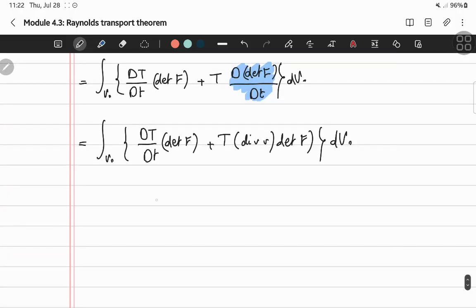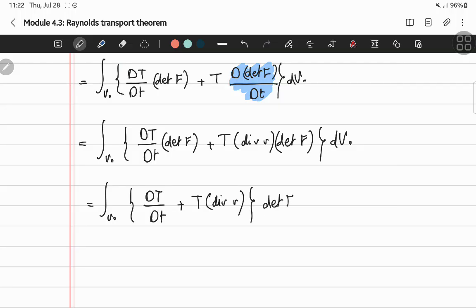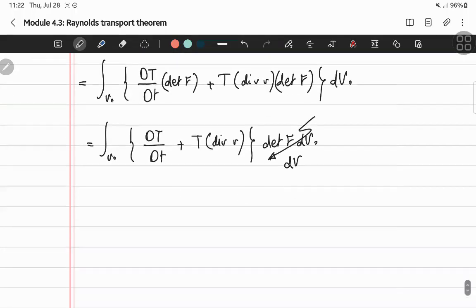If I factor out the determinant of F, we have the material derivative of T plus T times the divergence of v, times the determinant of F dV0, and this is nothing but dV.